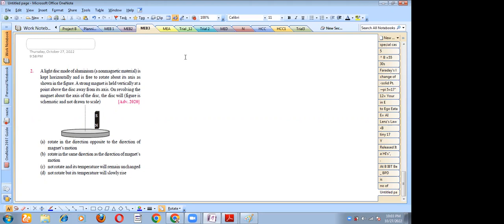I'm saying that there will be no force strong enough to stop the disk from rotating or move it in the same direction. No, sir, I'm not sure actually, so I'm just saying B. Let us see. Your answer is basically correct, and the option is actually B.